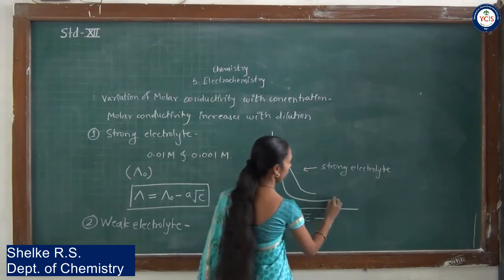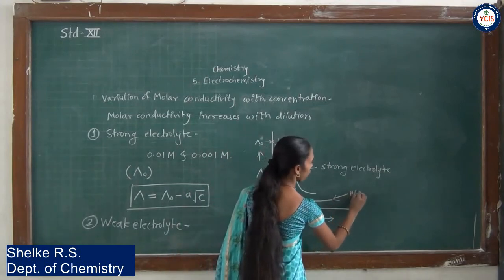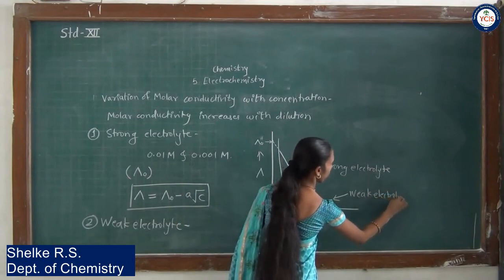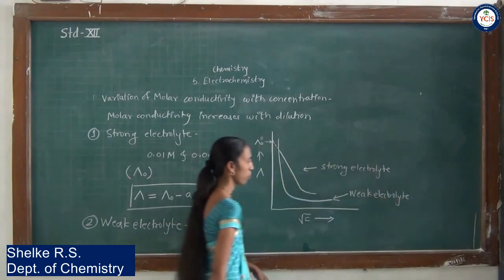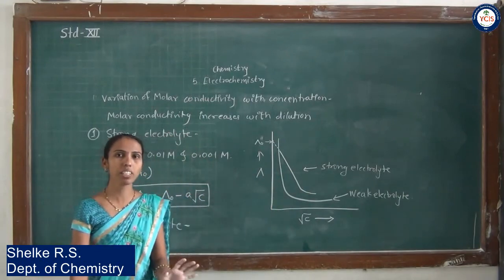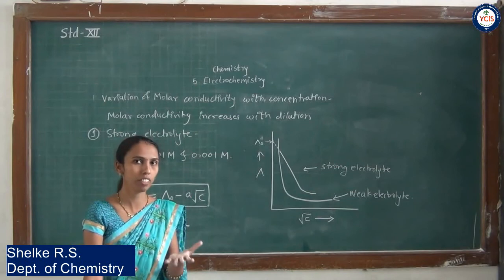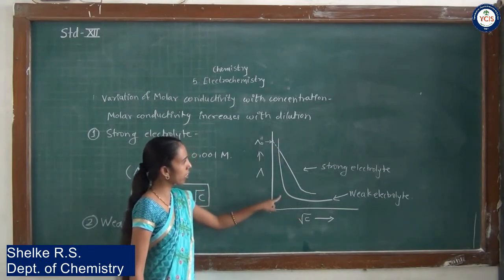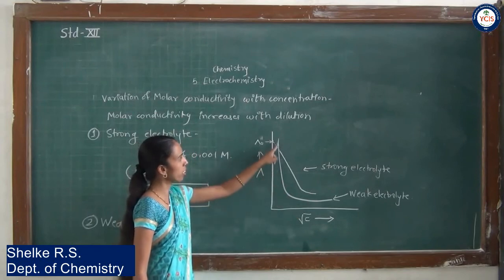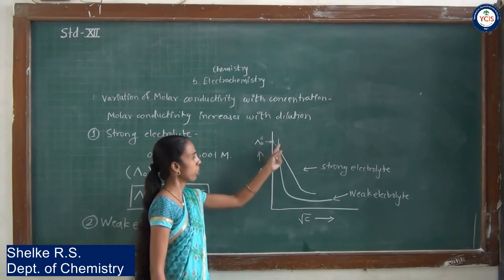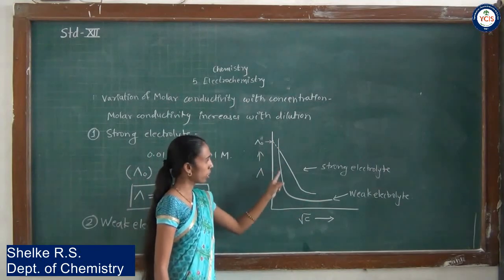For the weak electrolyte, you will get a graph like this. In the case of a weak electrolyte, you will not get the limiting value, the molar conductivity at zero concentration. If you extrapolate this graph, you will not get any value, because the nature of the graph is a curve.